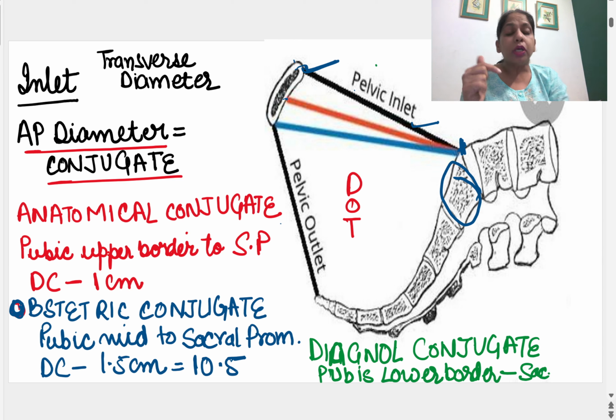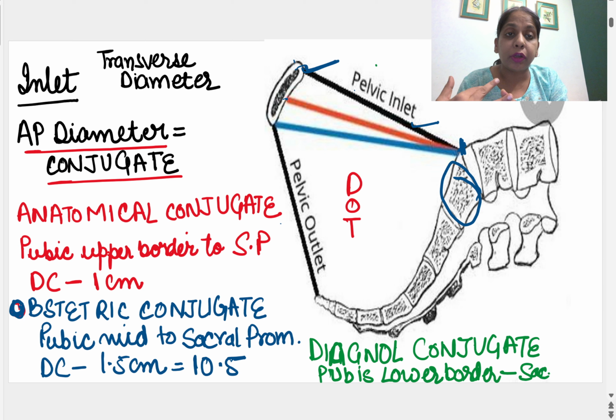So the plane of the anatomical conjugate, and the obstetric conjugate is from the mid of the pubis up to the tip of the sacral promontory. And what is the diagonal conjugate?